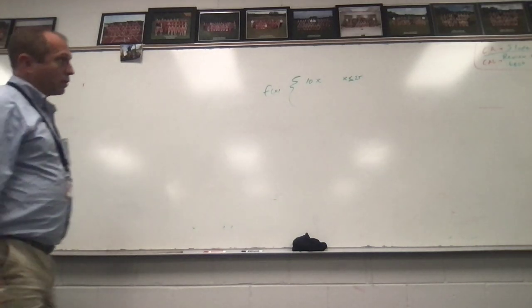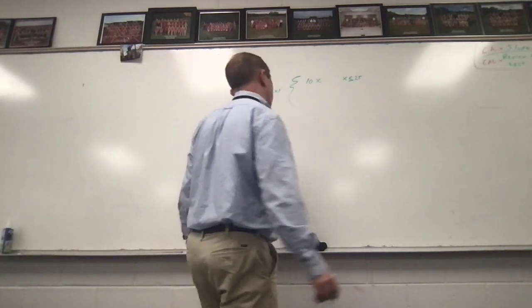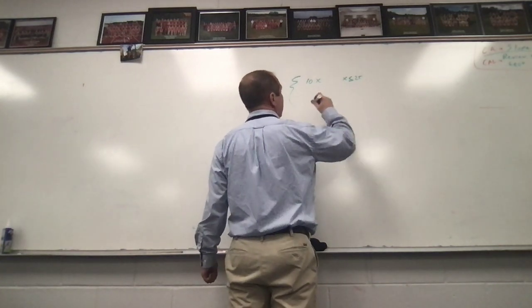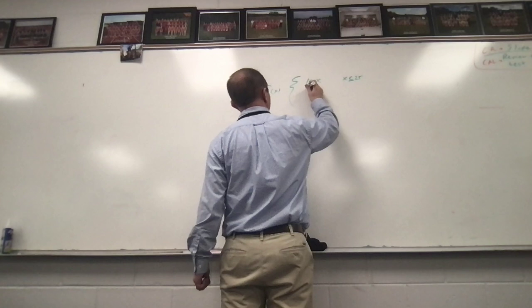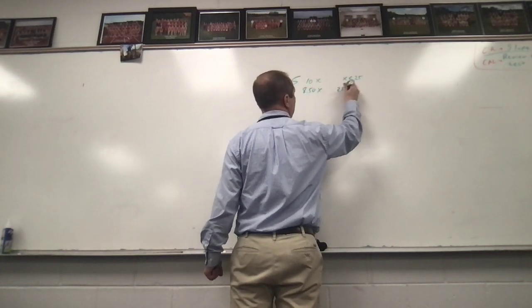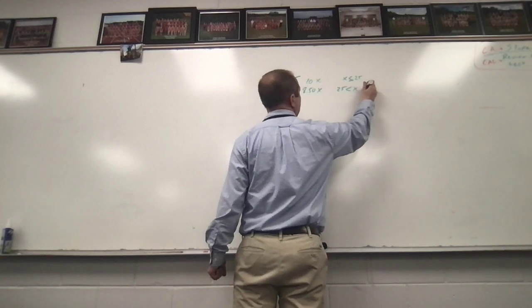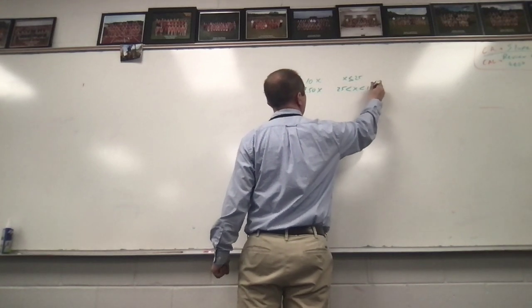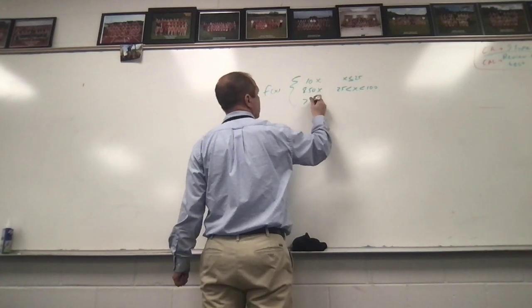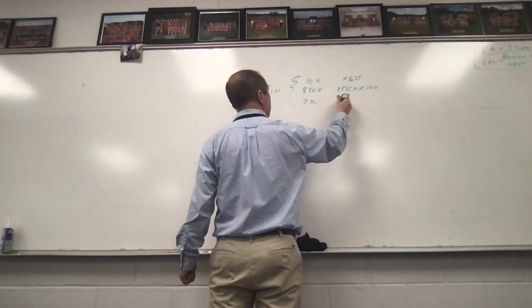But now if you order anywhere from 25 to 100 shirts, now it drops down to $8.50 a shirt. So that's for 25 being less than x, which is less than 100. If you order 100 or more, you're going to get them for $7 a shirt.